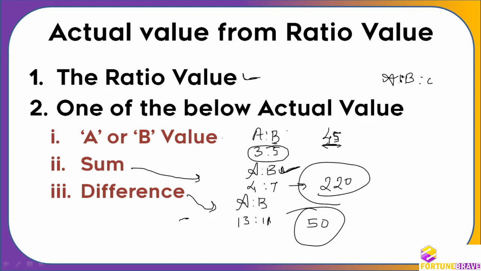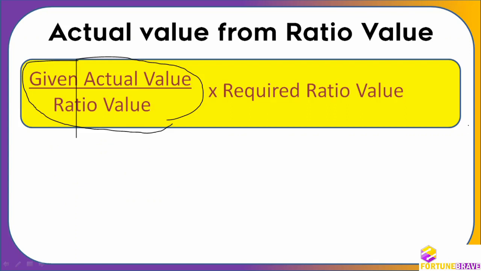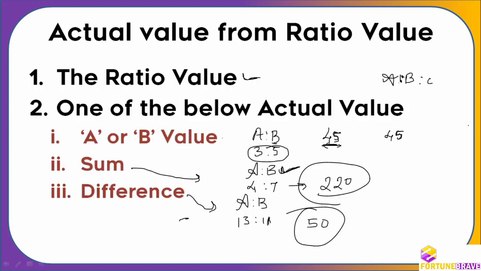Okay, so first one, what they have given, A value is 45. So given actual value is 45, right? See here, given actual value is 45. What is its corresponding ratio value? This is A, so I am going to divide it by A ratio value, not B ratio value or sum or whatever.